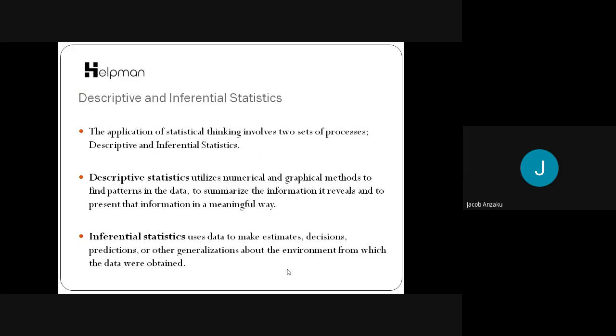Inferential statistics, on the other hand, uses data to make estimates, decisions, predictions, or other generalizations about the environment from which the data were obtained. Examples of tools that we use for descriptive statistics may involve pie chart, mean, median, and so on. Whereas for inferential statistics, we may use things like the chi-square, the t-test, and some other non-parametric statistical tools.